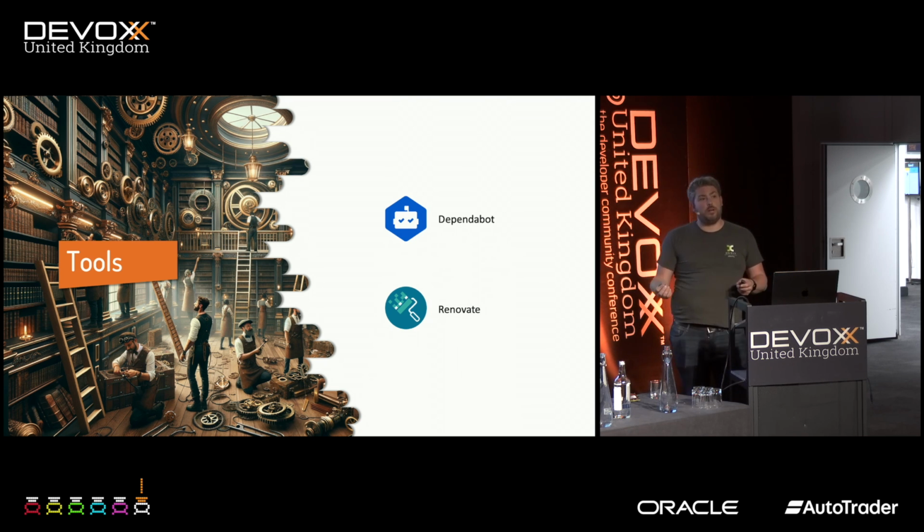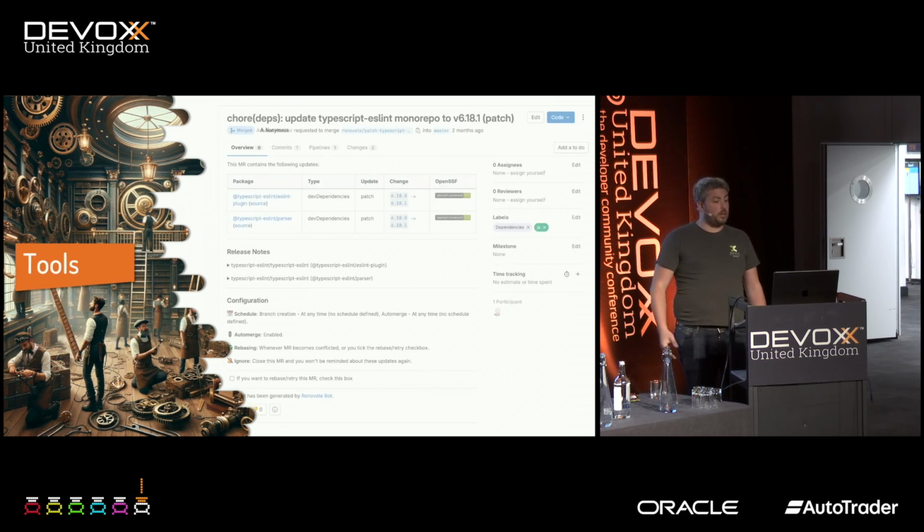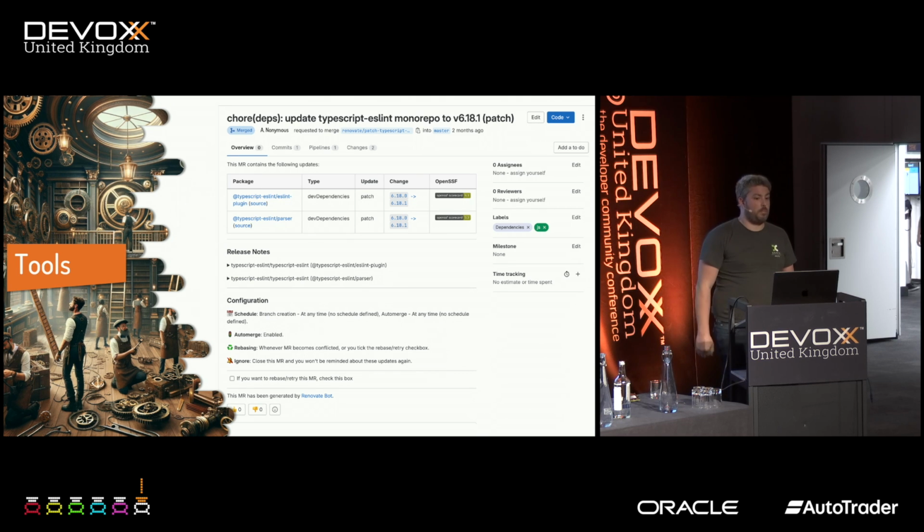And both of them are able to automatically check your package JSON and see, oh, there is a new version for that. And you can configure it to say, oh, maybe I can create a merge request automatically. And you could go even further.